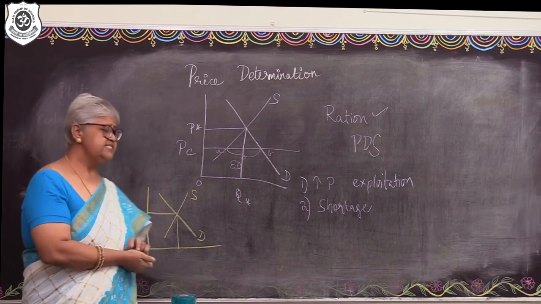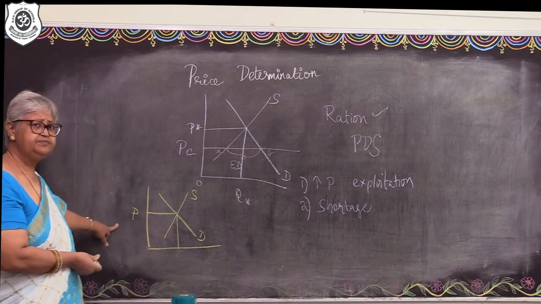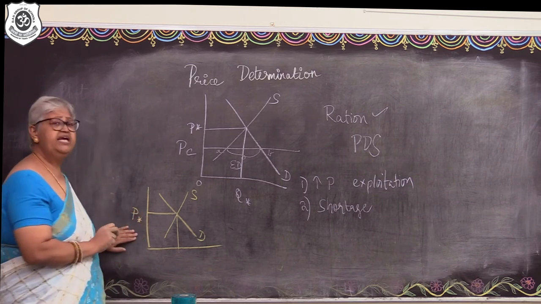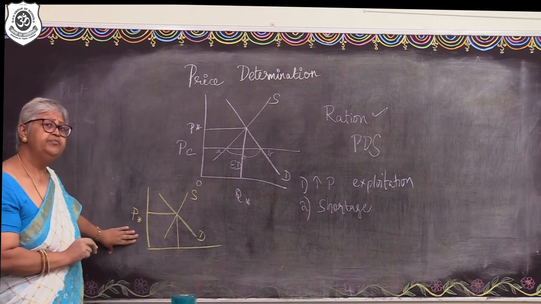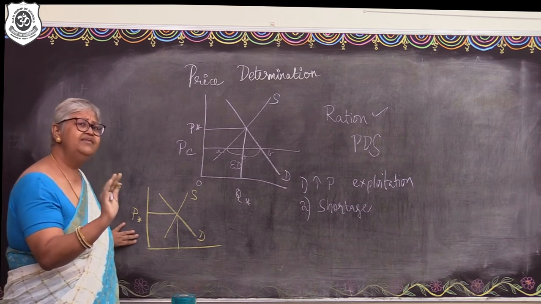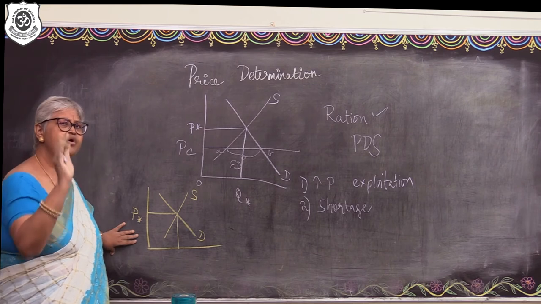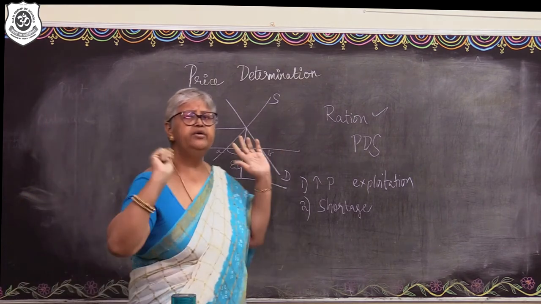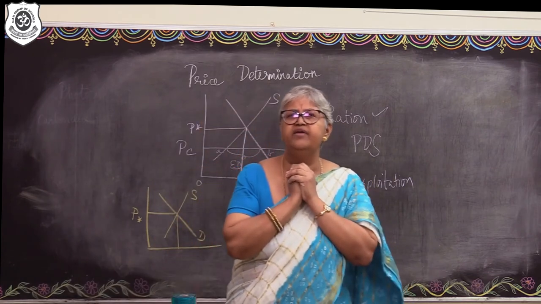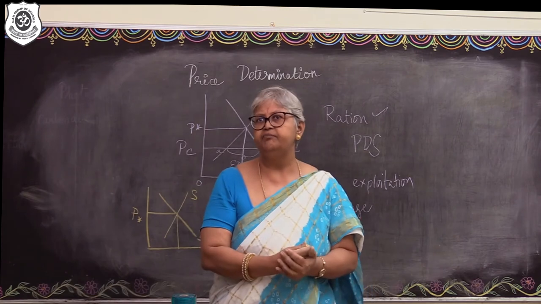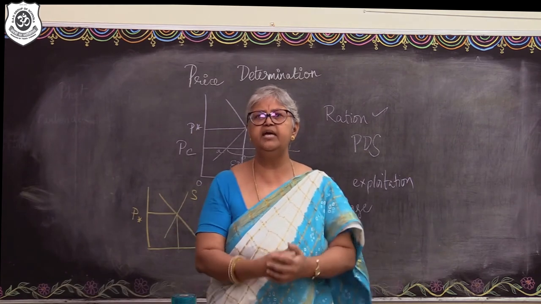Why? Because this market price, let's say P star, is a very low market price, and that price does not even cover the cost of production for the suppliers. You might have heard farmers say, we all work so hard. But then there was a bumper crop.